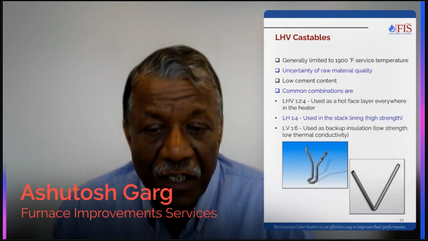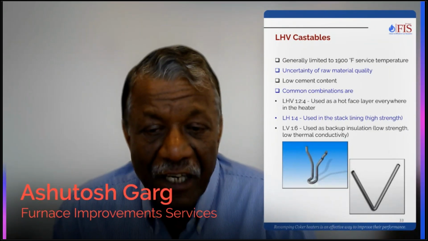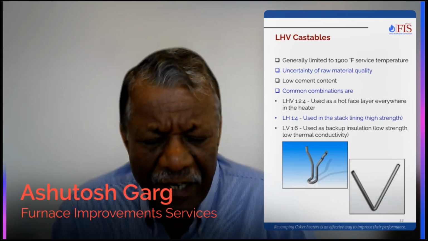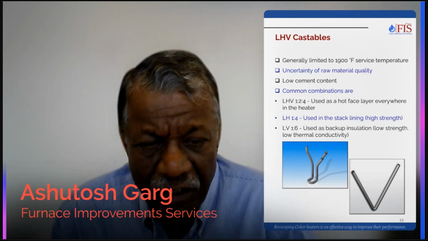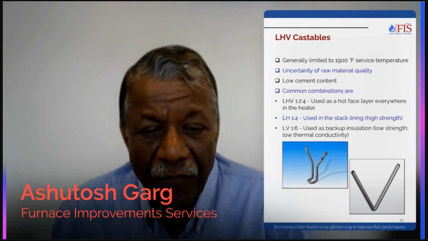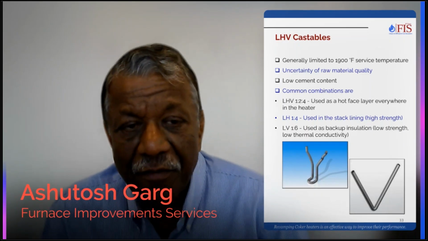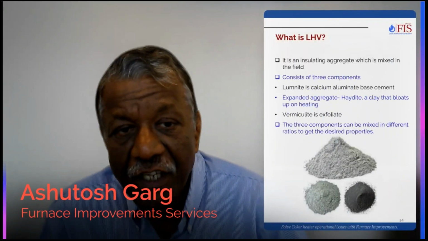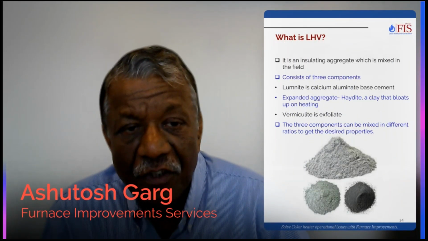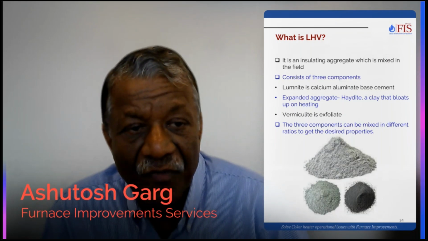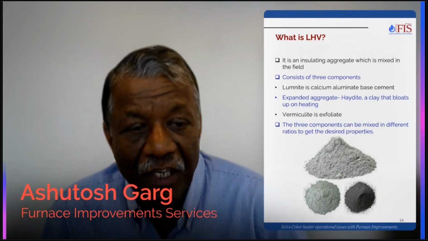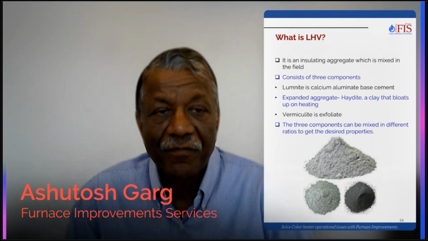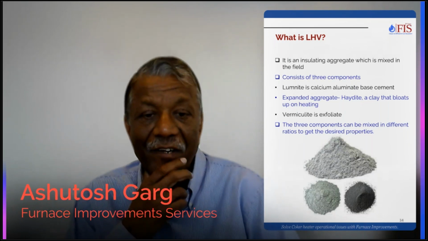That means the castables which are supplied by refractory vendors, which are ready made, and all you need is to add water and then apply it. So those are the shop mix castables. Coming back to LHV, aluminite is the cement, this is haydite, and vermiculite is the aggregate. So they basically take these three components and then fire it.